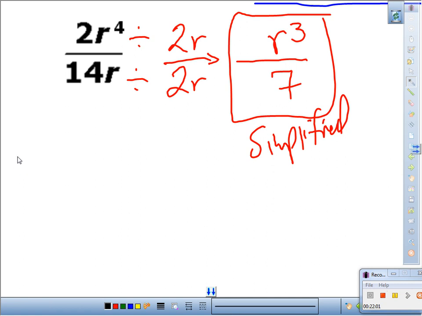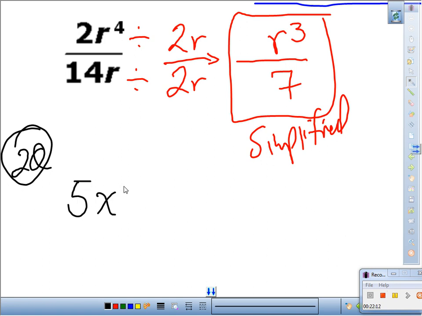What number was this, 2A? Okay, let me give you 2Q. Let's do 5x to the, bless you, x to the, give me a number, 3 over 20x.